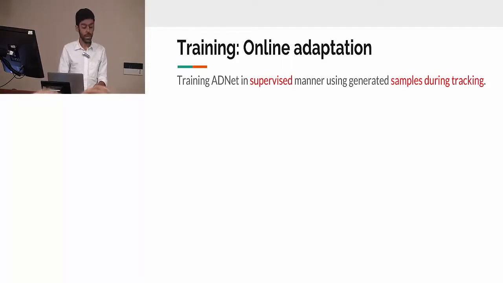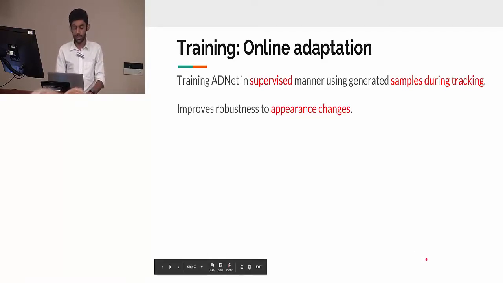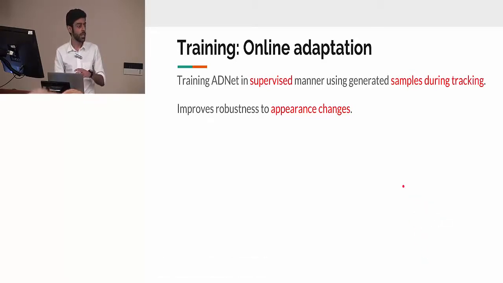The online adaptation, again, is a supervised step, but there is a difference between this step and the very first step: the data used here for training the network are basically the outputs of the reinforcement learning algorithm, meaning that the reinforcement learning algorithm is tracking the object online, and at each given frame it proposes a location for the object, and then we use that location as a ground truth and select some patches randomly around it and train in a supervised manner, again like the first step.